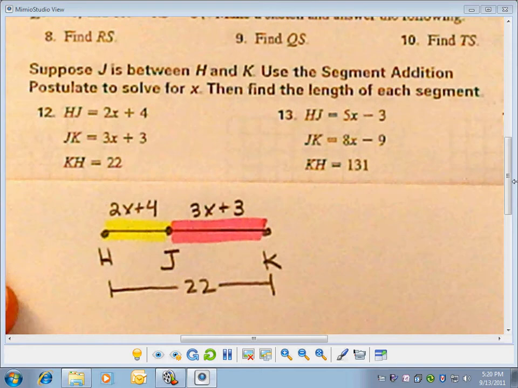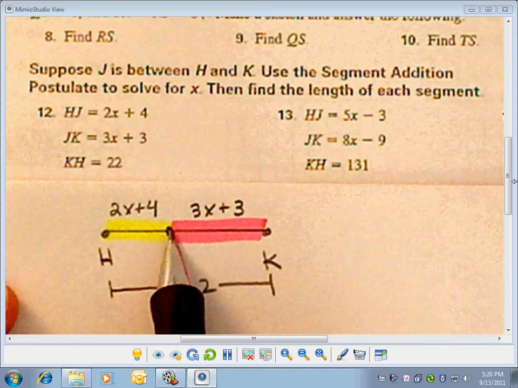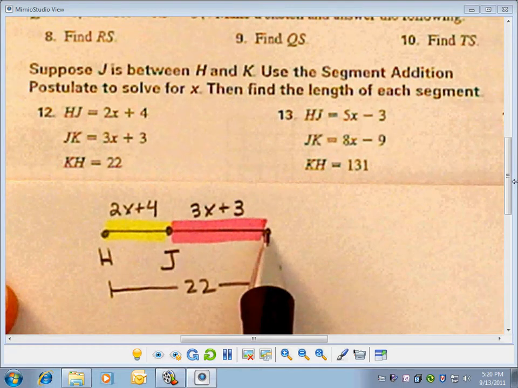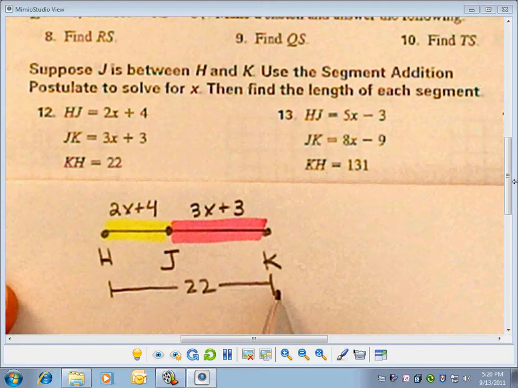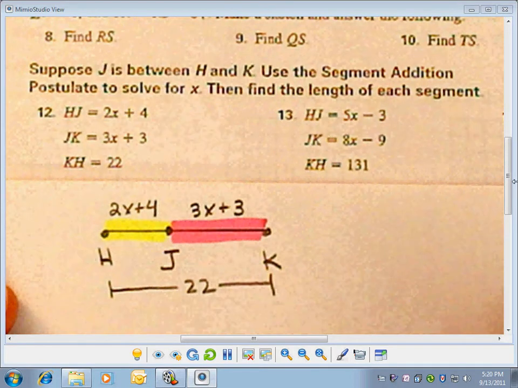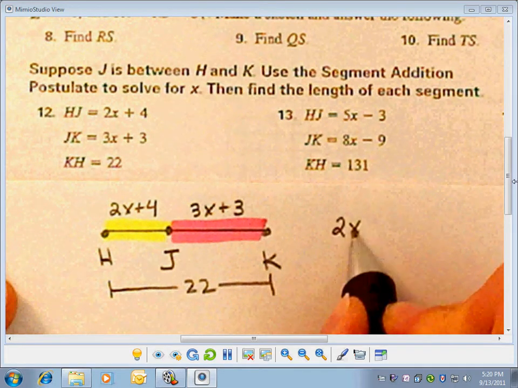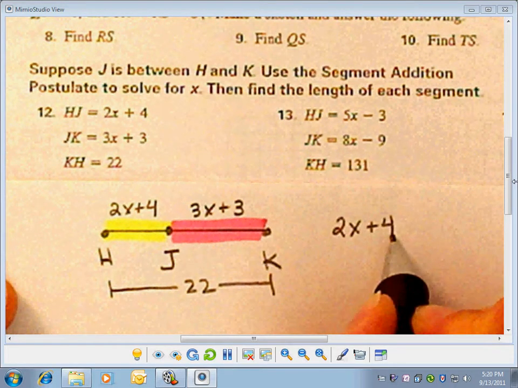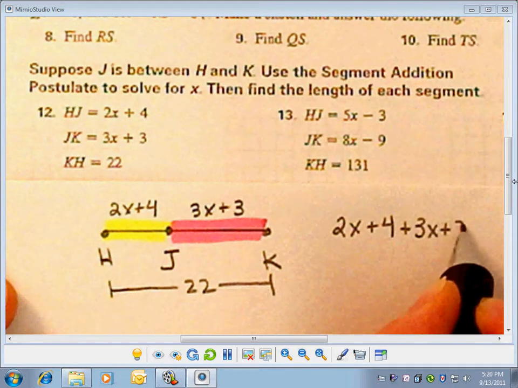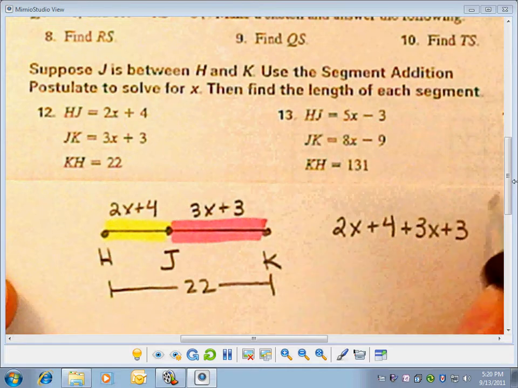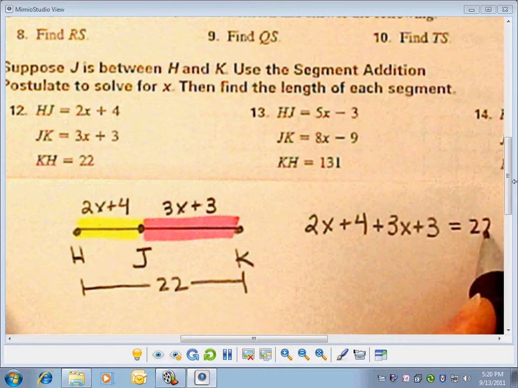So it makes sense that this distance plus this distance equals the entire distance. So that would mean 2x plus 4 plus 3x plus 3 equals 22.